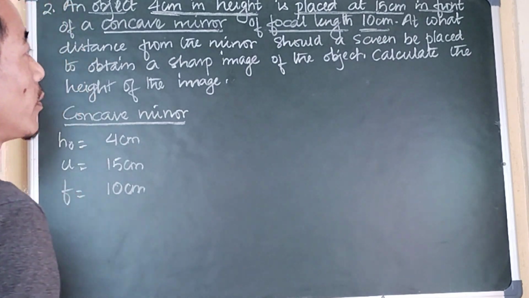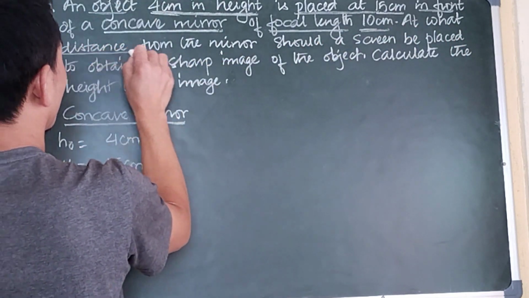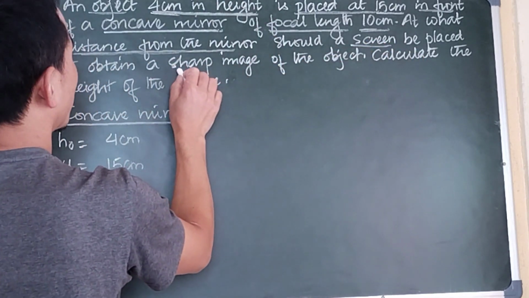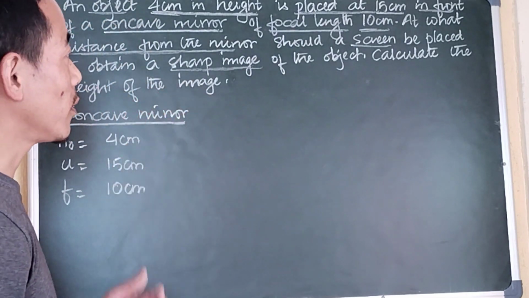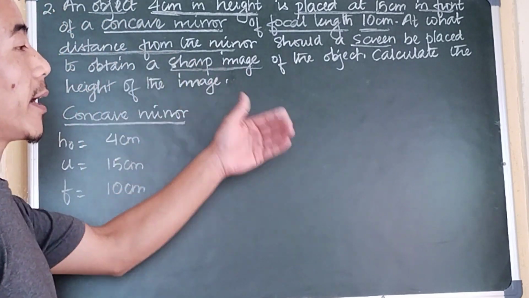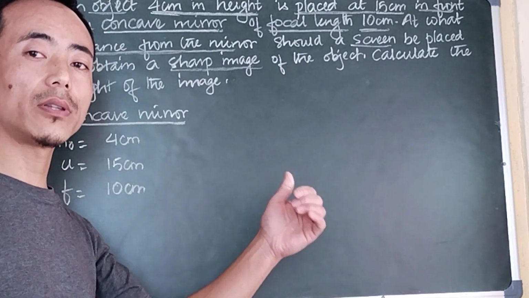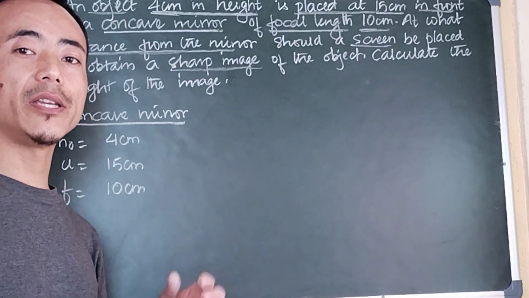Now what are the things that we have to find out? At what distance from the mirror should a screen be placed to obtain a sharp image of the object? What do we need to find out here? They are not saying find this directly. What they are saying is where we have to keep the screen so that the image of this object can be formed. So where is the image formed?